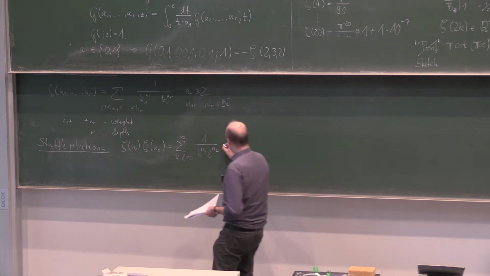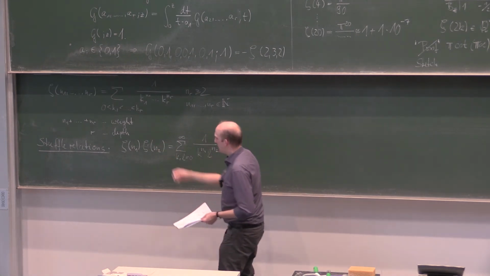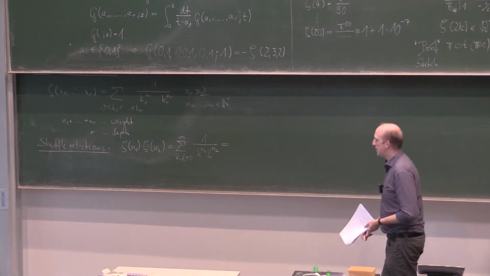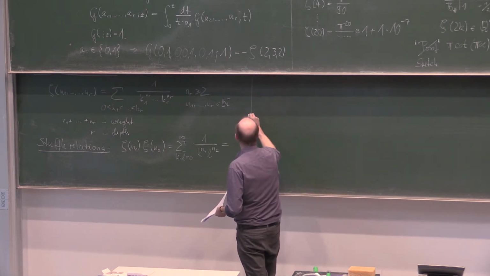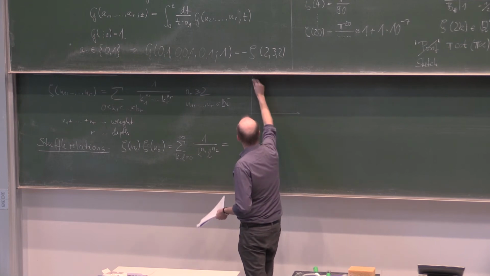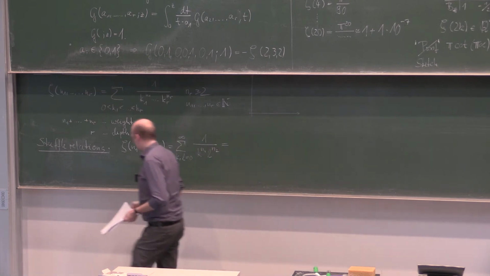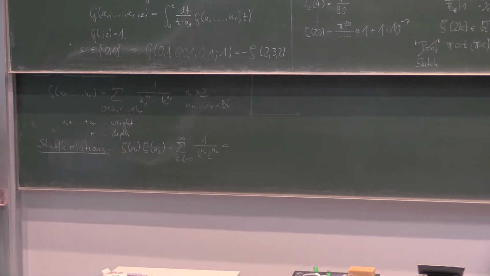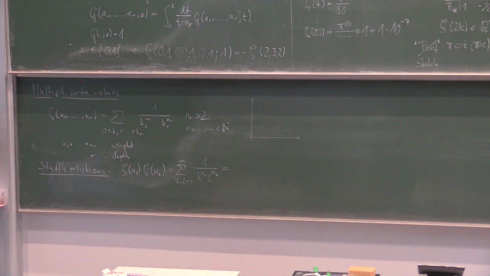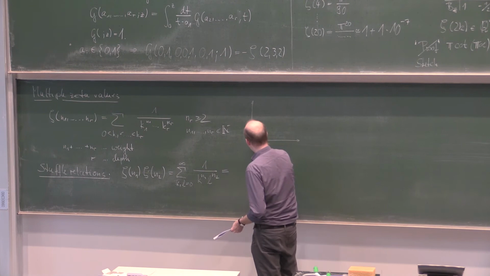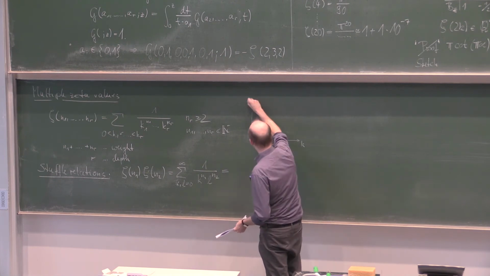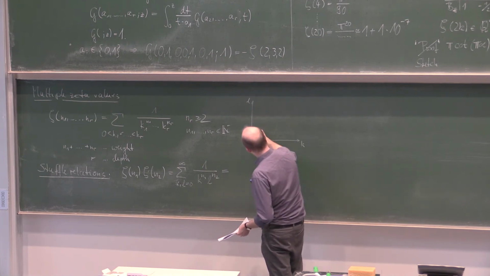The idea behind these stuffle relations is very easily explained once one considers simply a lattice. So when you perform that sum, you start from k and l equal to 0, and then you start to work your way up.